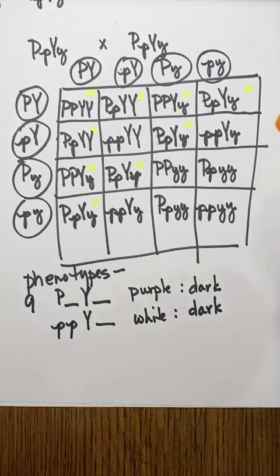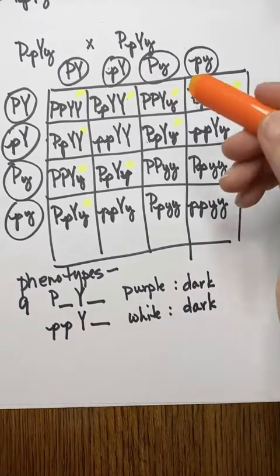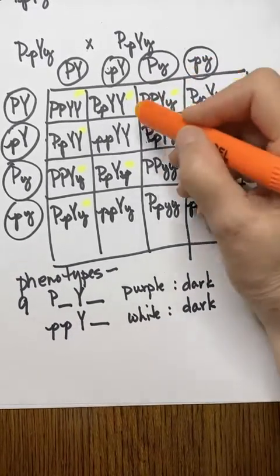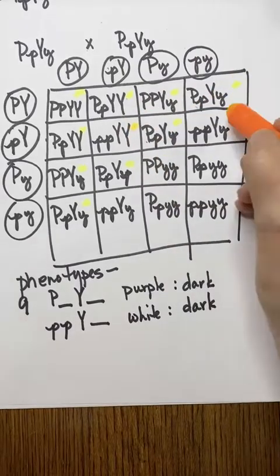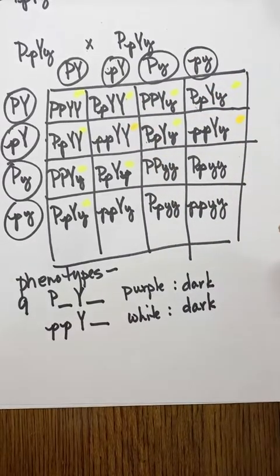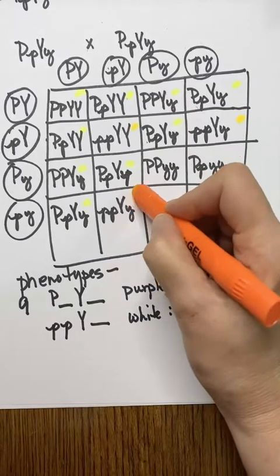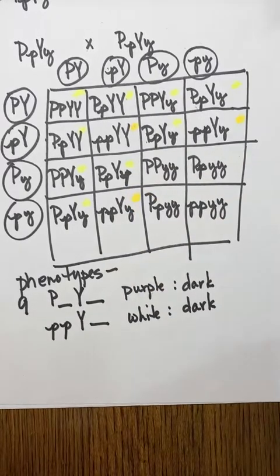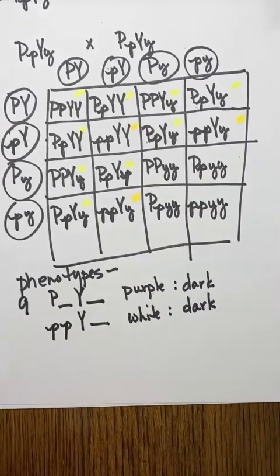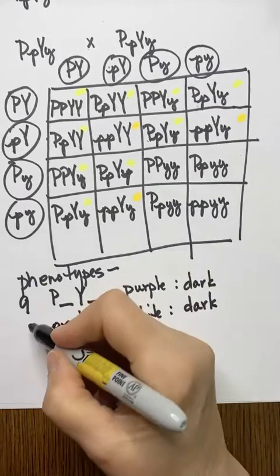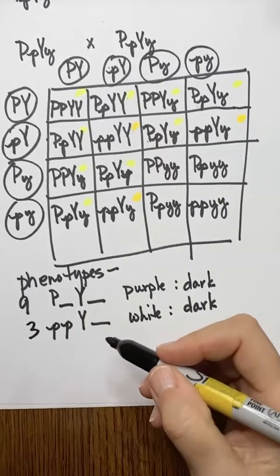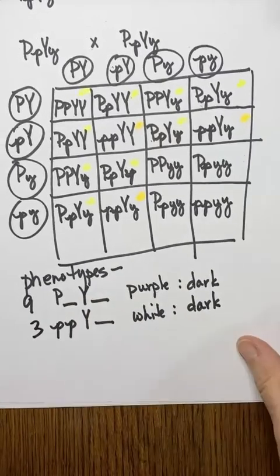Orange one. Okay, 2 little p's and capital Y. There's one. There's one. 2 capital P's. There's one. Okay, is that all we got? Yep. So that is 3 of these. All right, now what else do we have?